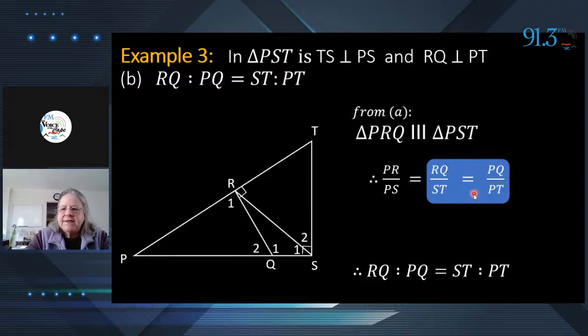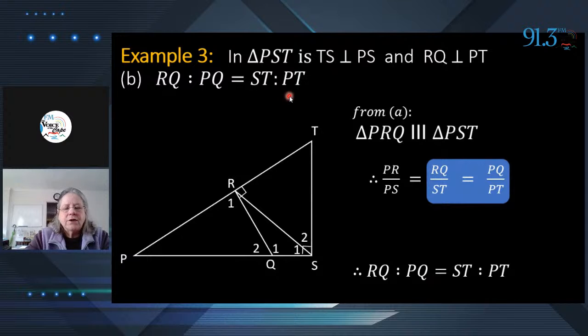And with proportionality like this, we don't multiply, we use the ratio of the top, because we can rewrite this in numerous ways. So therefore, from here, we can say RQ to PQ, the two top ones, is equal to ST to PT. And we've done what they asked.